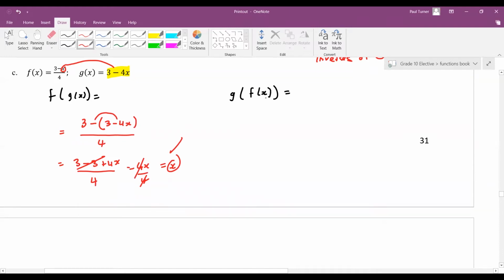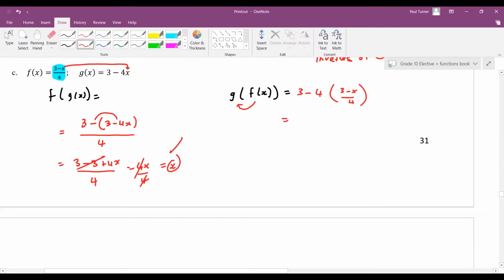But then we should also check f into g, which should work as well. So let's put your f function, which is this one, into the g function, which will be in here. So we'll do that. So you get 3 minus 4 bracket 3 minus x on 4. Okay, like that.